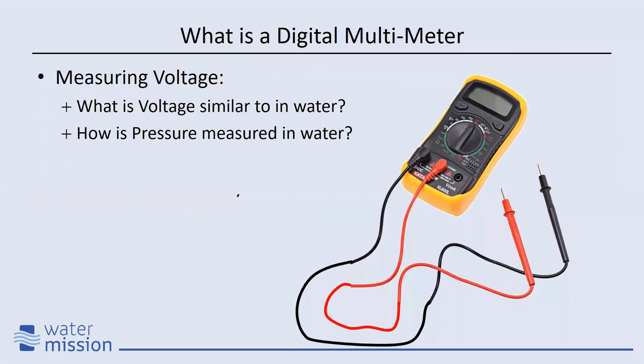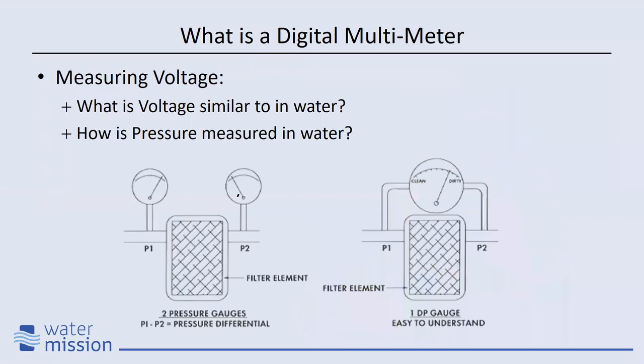Well, there's really two ways we could do that if we wanted to know the pressure across a filter element. We could have a setup similar to what we see here on the bottom left, where we have one standard pressure gauge and a second pressure gauge before and after the filter element.